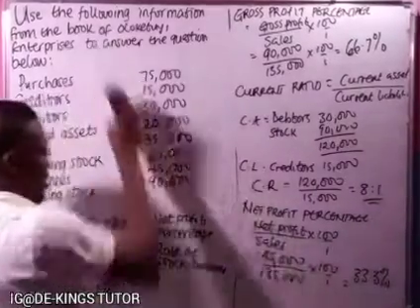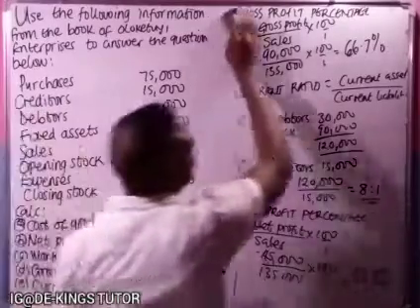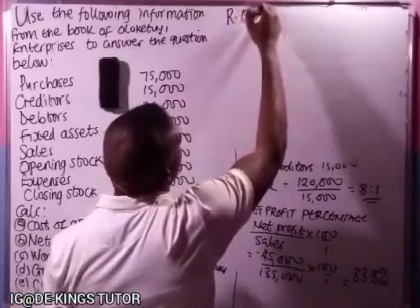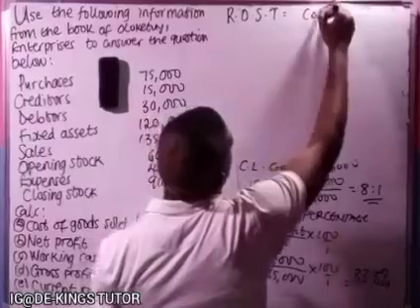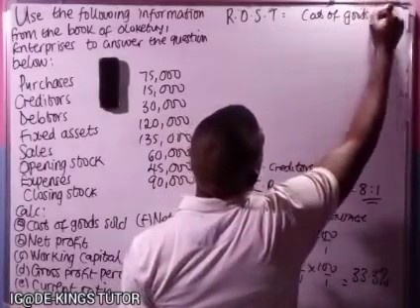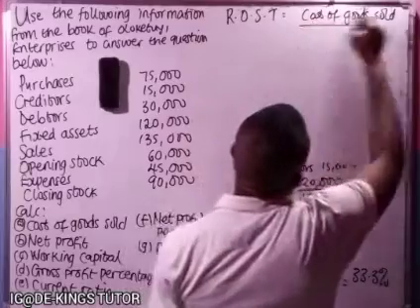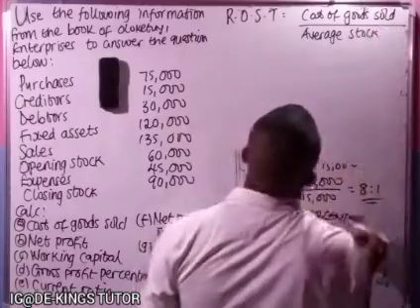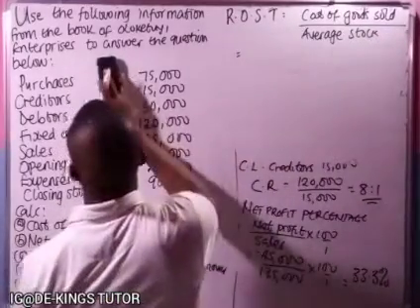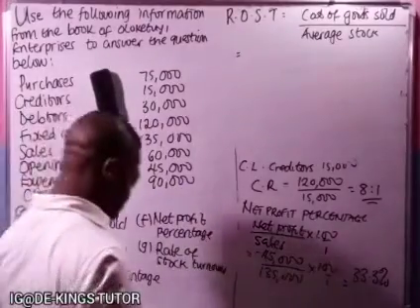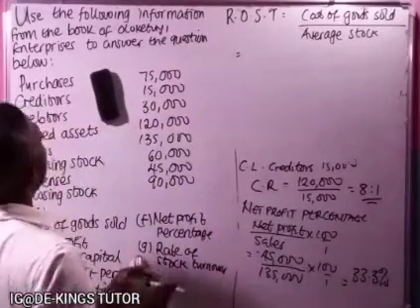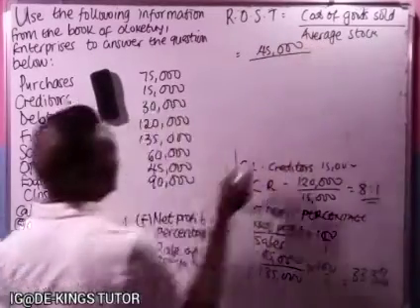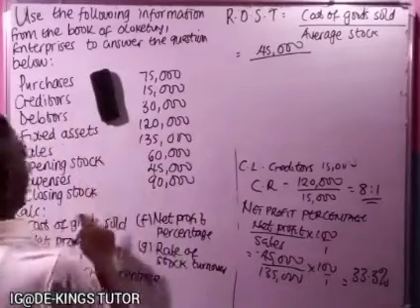Okay, now the next one is the rate of stock turnover. And the rate of stock turnover is cost of goods sold over average stock. Now we already know our cost of goods sold. We have done it before. Our cost of goods sold is 45,000 divided by our average stock, which is opening stock plus closing stock divided by 2.